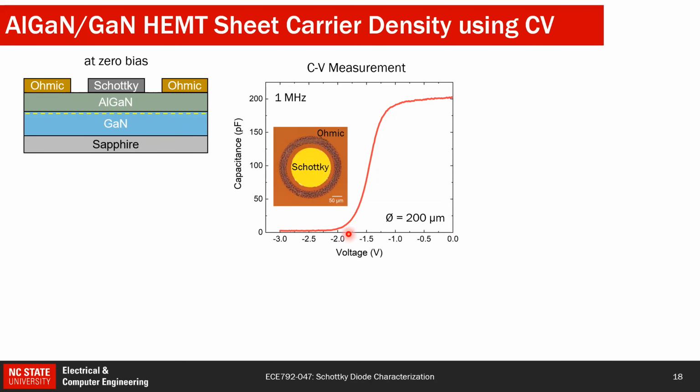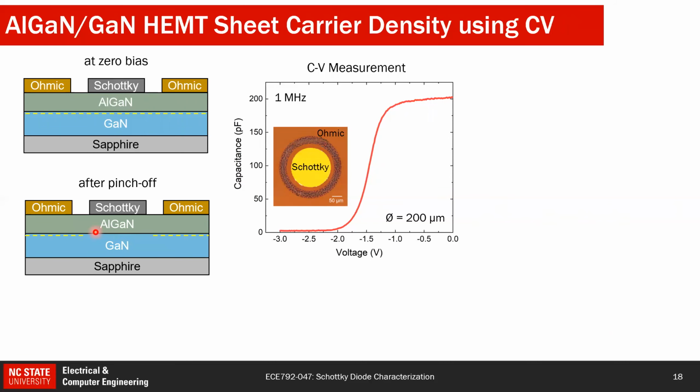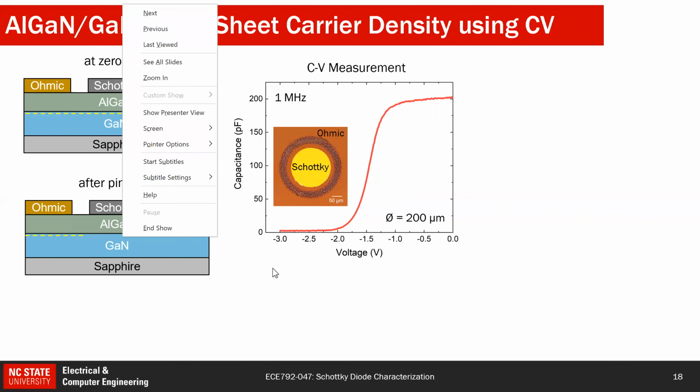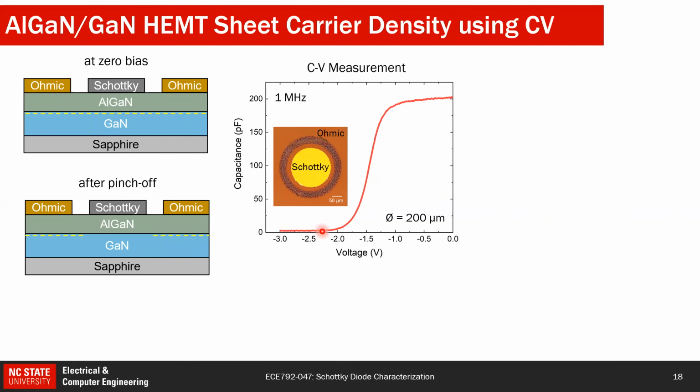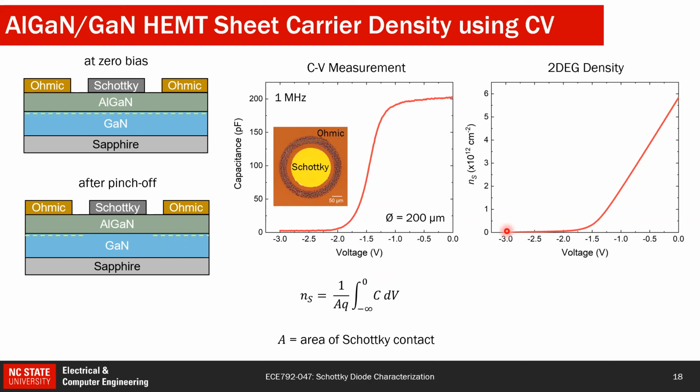And after it crosses the pinch-off voltage, now you will deplete all the 2DEG, and because of that you won't see any capacitance. And now if I integrate this graph, because C times dV will give me a charge, and then if I know the area of the diode, then I can find the sheet carrier density as a function of voltage.